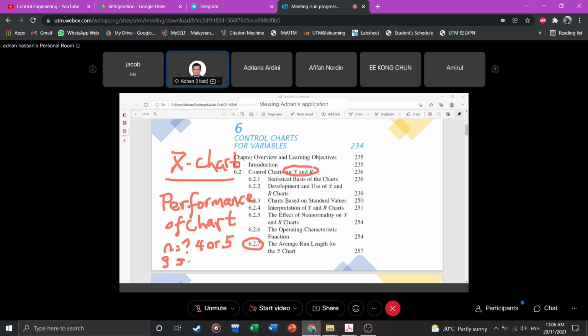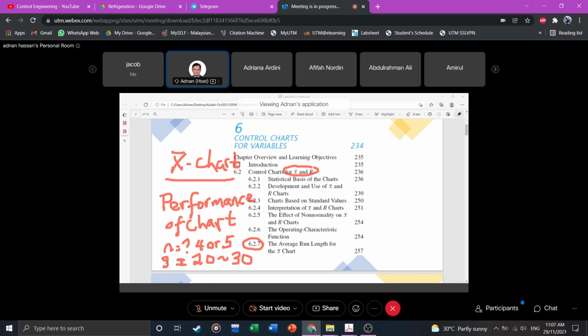G is subgroup number. Subgroup number is normally between 20 to 30. Why? Because we want to make sure that it can represent distribution. Normally, to have a distribution, you need at least 20 subgroups.